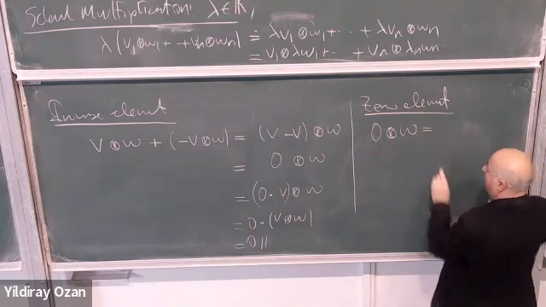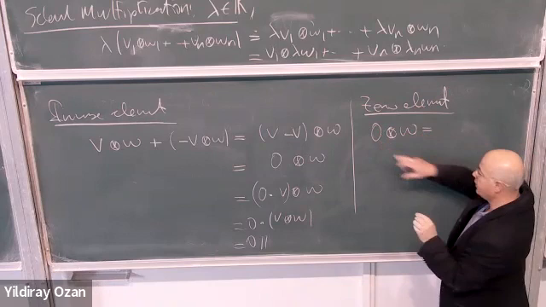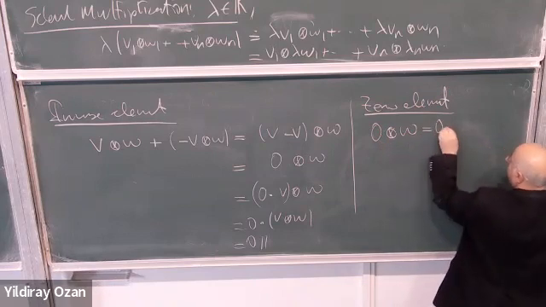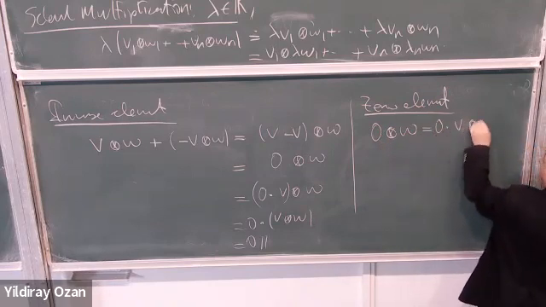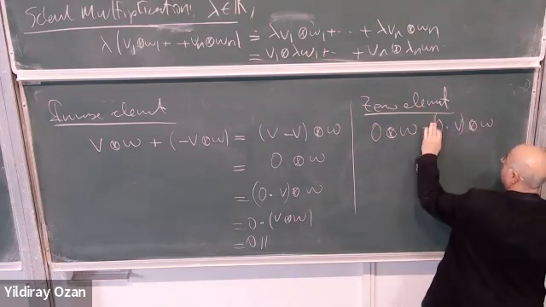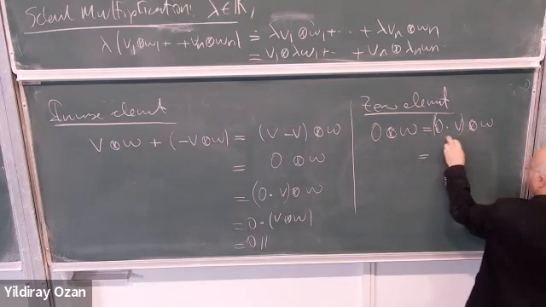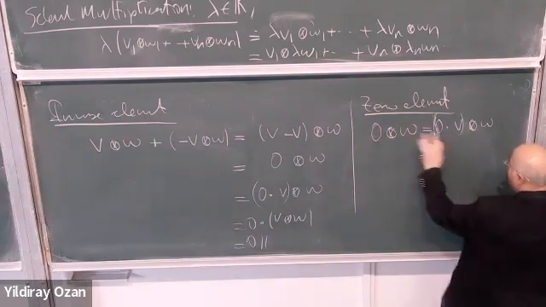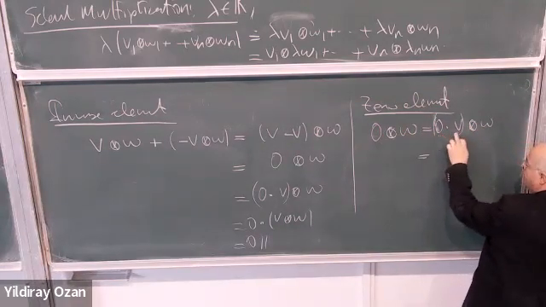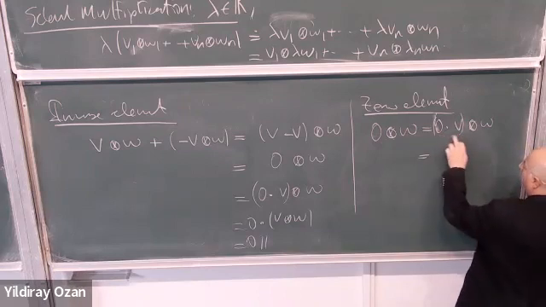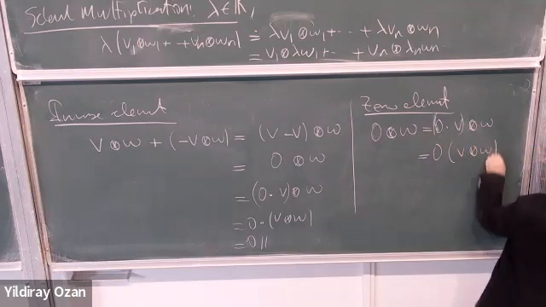Of course, I can write this as follows, right? This is just zero times any vector times this. And you see, instead of the zero vector, I write zero times any vector. But you know that this is zero times this widget.